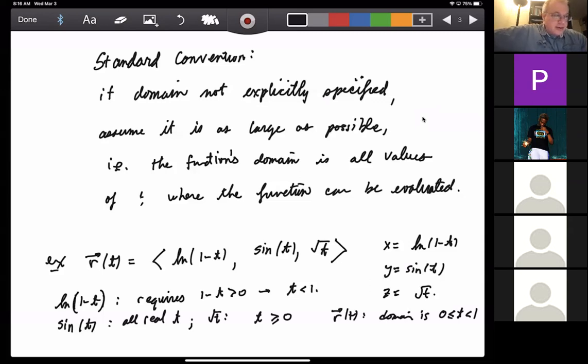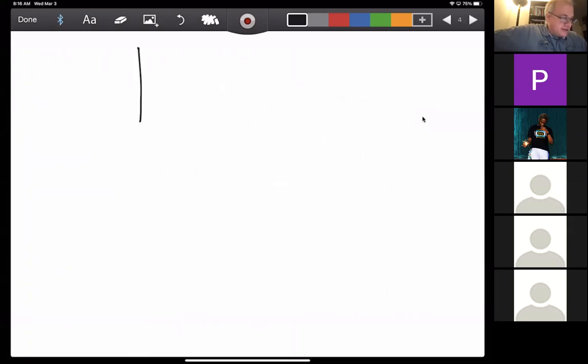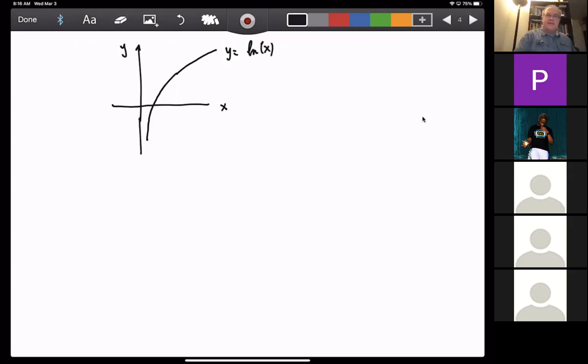Sure. So I need some space to draw here. So let's say this is t. I'm going to plot the graph of natural log of t. All right, maybe I'll just use x, y, and x. So this is the graph of the natural log function. It passes through 0 when its argument is 1, and it's got a vertical asymptote at argument 0.